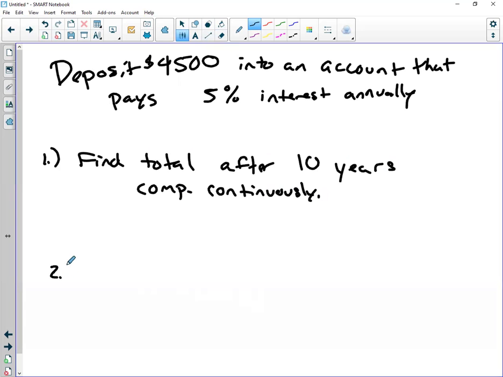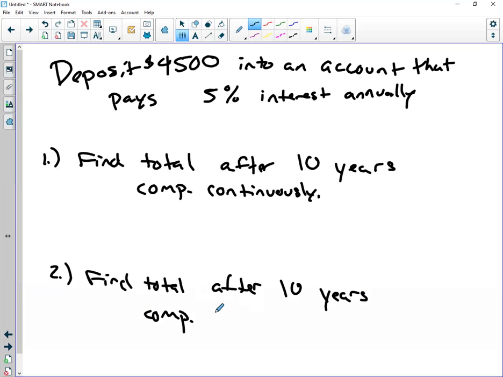And then the second one, you are going to find the total after 10 years when it is compounded quarterly. So I want you to try both of these. You should have the tools in your toolbox to solve both of these problems without any examples.